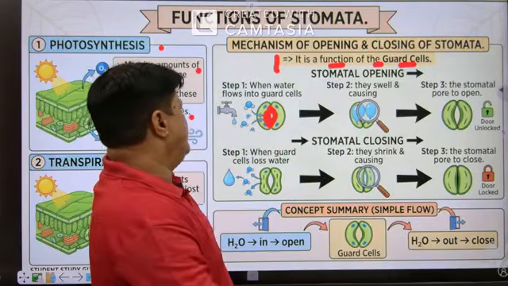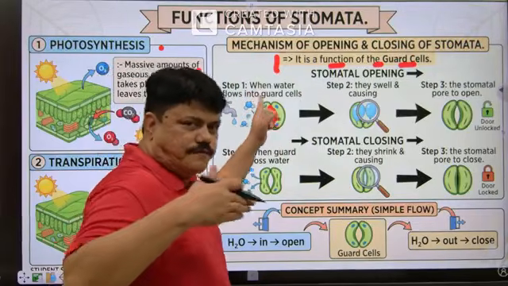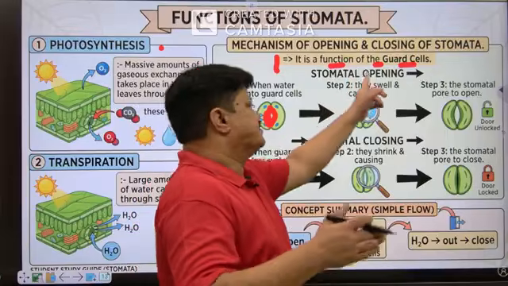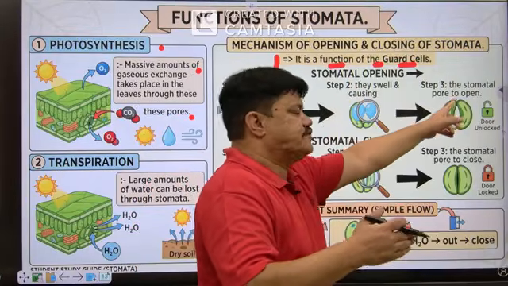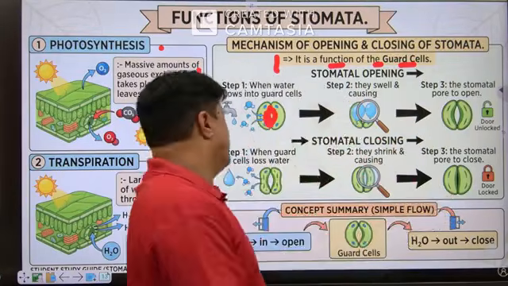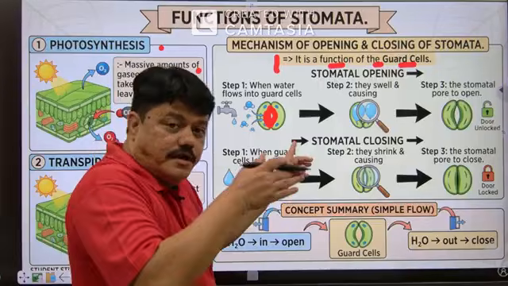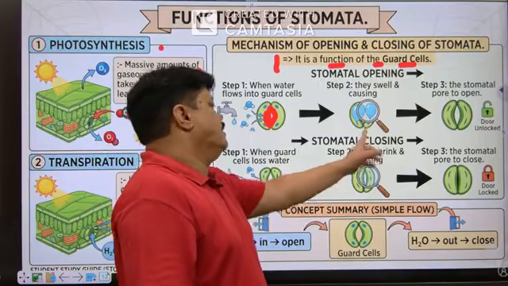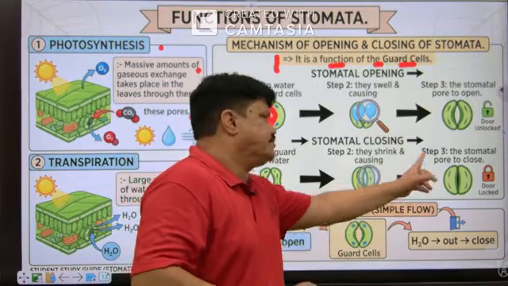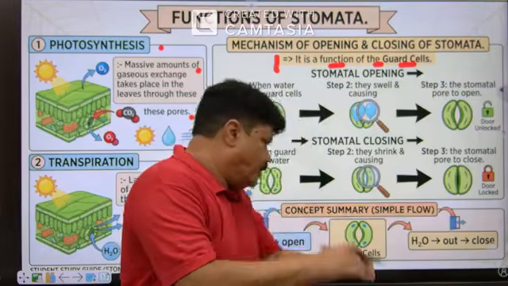So simply: when water flows into guard cells, they swell, causing the stomatal pore to open. But when guard cells lose water, they shrink, causing the stomatal pore to close.